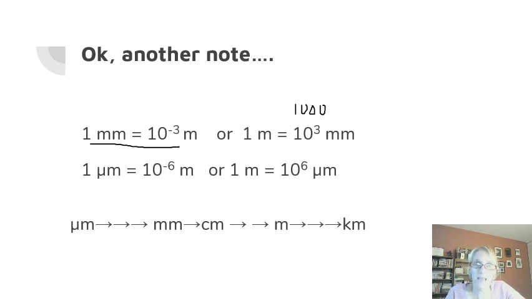So 1 millimeter is 1,000th of a meter. So if it's 1,000th of a meter, then 1,000 of them make 1 meter. Does that make sense? So 1 micrometer is 10 to the minus 6 meters, or it can be written as 1 meter is 10 to the 6 micrometers.